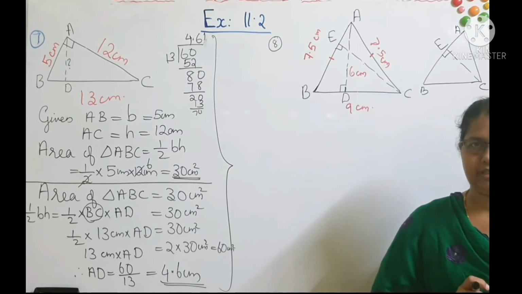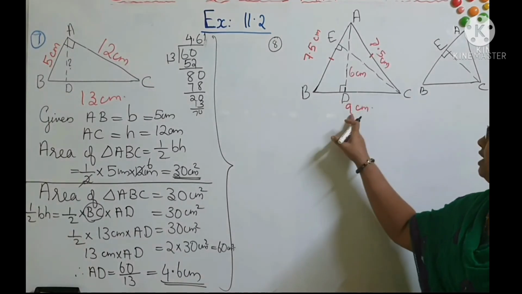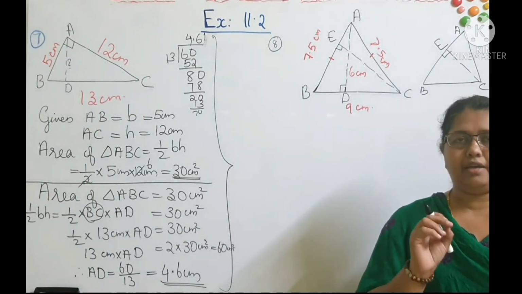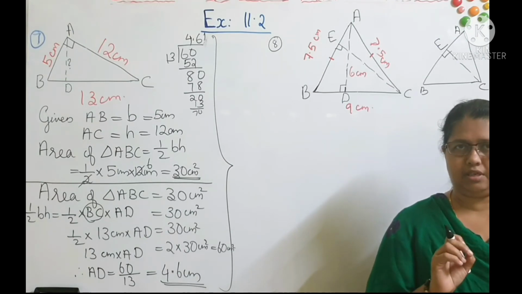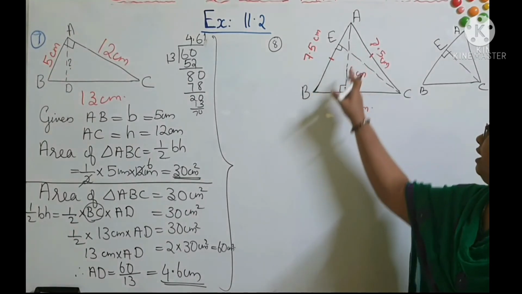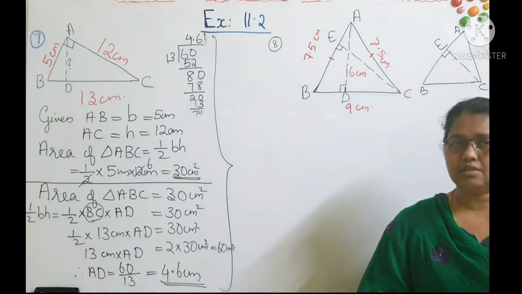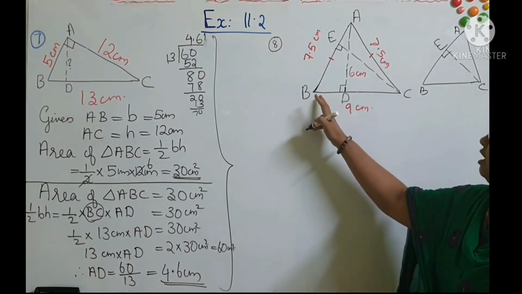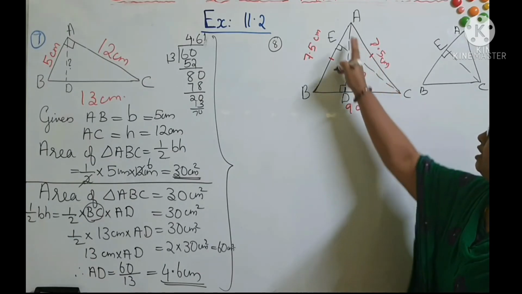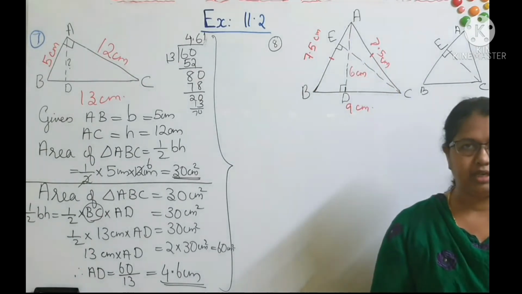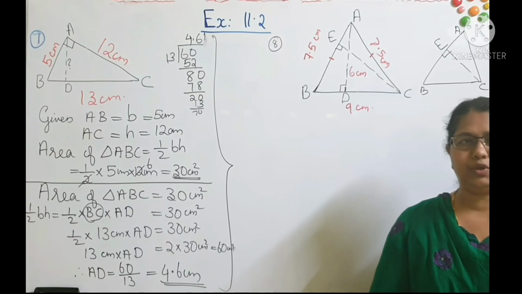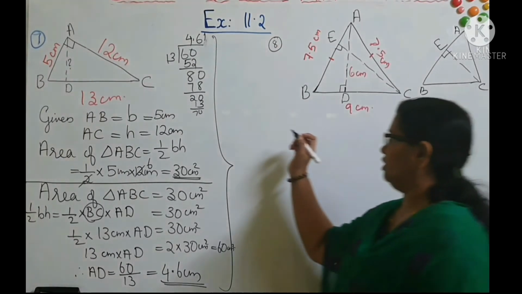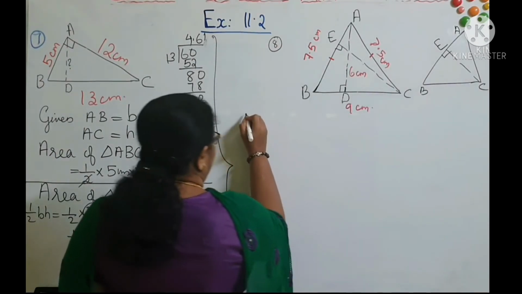In triangle ABC, BC is given as 9 centimeter and the height AD to BC is also given as 6 centimeter. So the area of triangle ABC is half into BC into AD. That is given, first part.